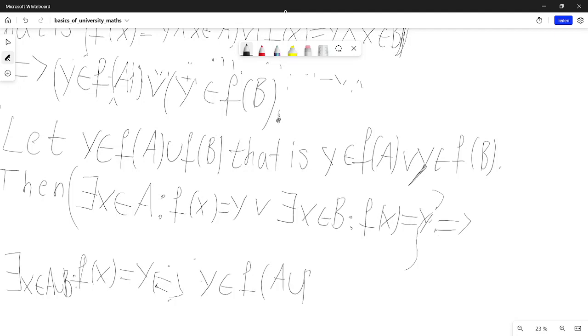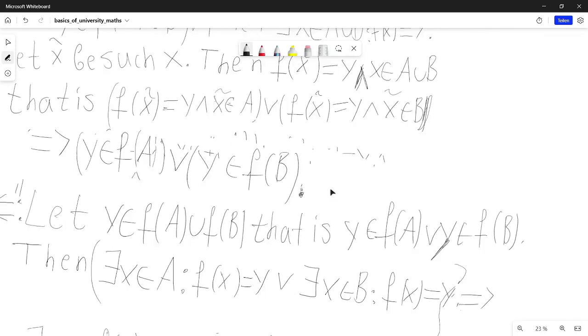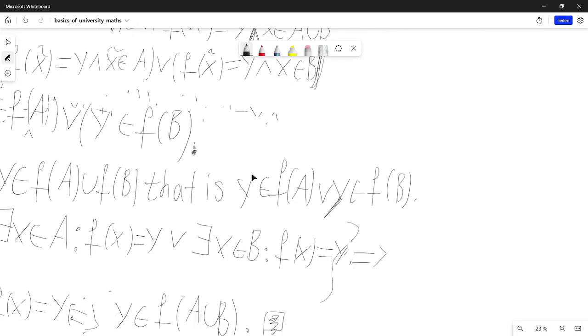Right, and this is indeed equivalent to that. So you see, there was also an easy way. We have heroically mastered the complicated one.